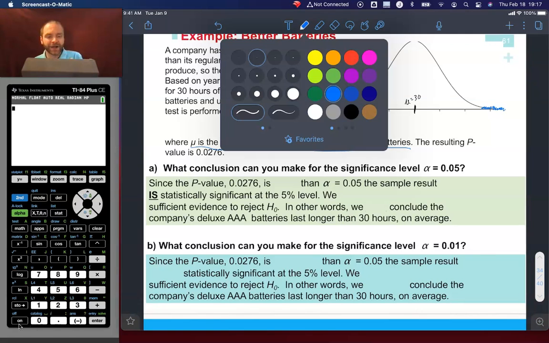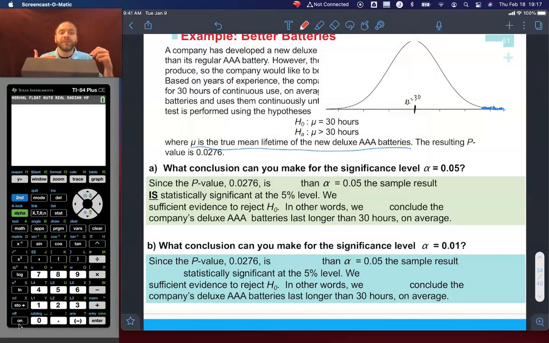So if their p-value is 0.0276, that's the area under the curve, the probability under the curve. You should understand that from normal distributions, from our table A, our z-scores. The alpha level says, hey, 0.05 is the area over here. So this is alpha level 0.05.